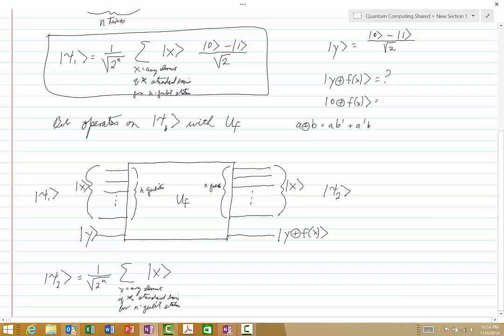So if we think of a as being equal to 0 and b as being f of x, then this term on the right drops away, since a is equal to 0, a prime would be 1, and 1 ANDed with b is b, so we just get b, which is f of x.